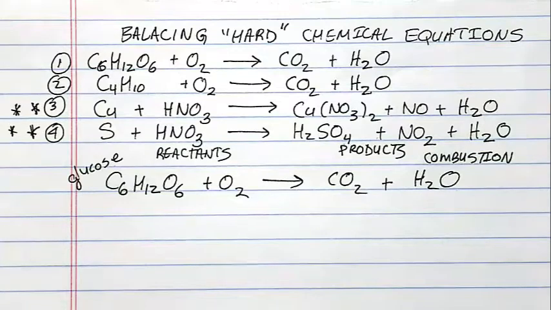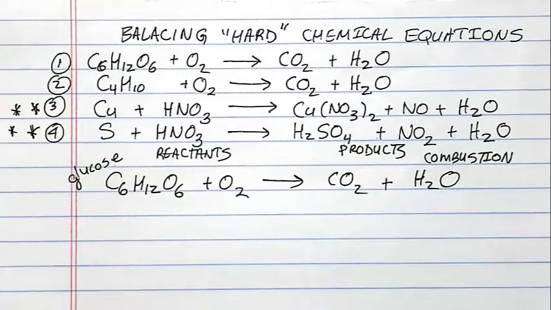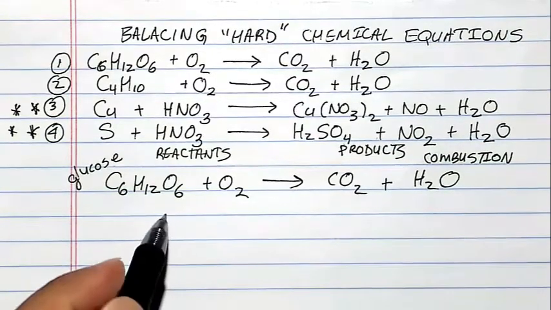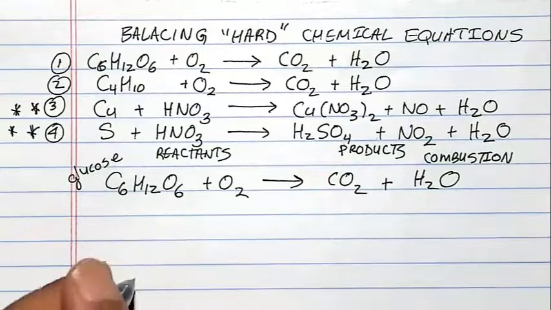So we have to hold our atoms accountable. No atom or no mass can be created, and no matter or no mass or atoms can be destroyed. So there has to be accountability.